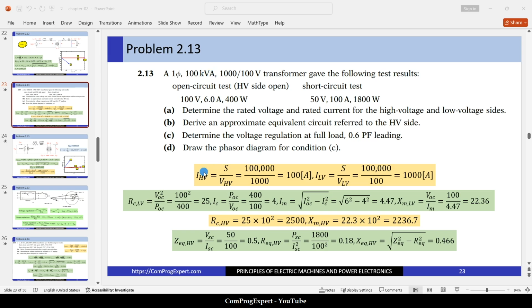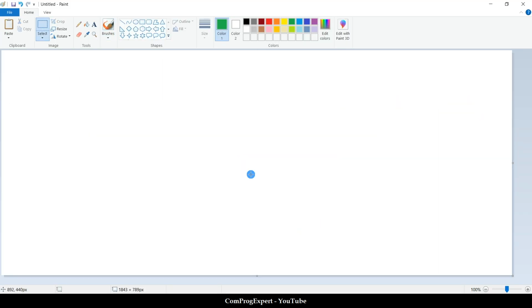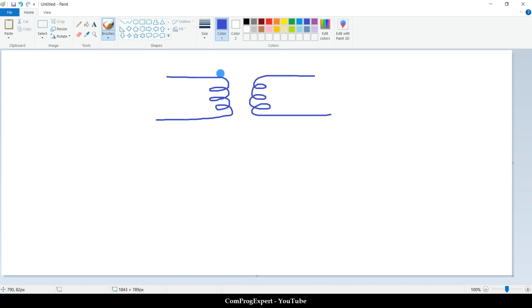We can calculate the current of the high voltage side and the current of the low voltage side. This is the case. Let me draw these two coils here. This is the high voltage side and this is the low voltage side, 1000 volt, and here the value of the voltage is 100.